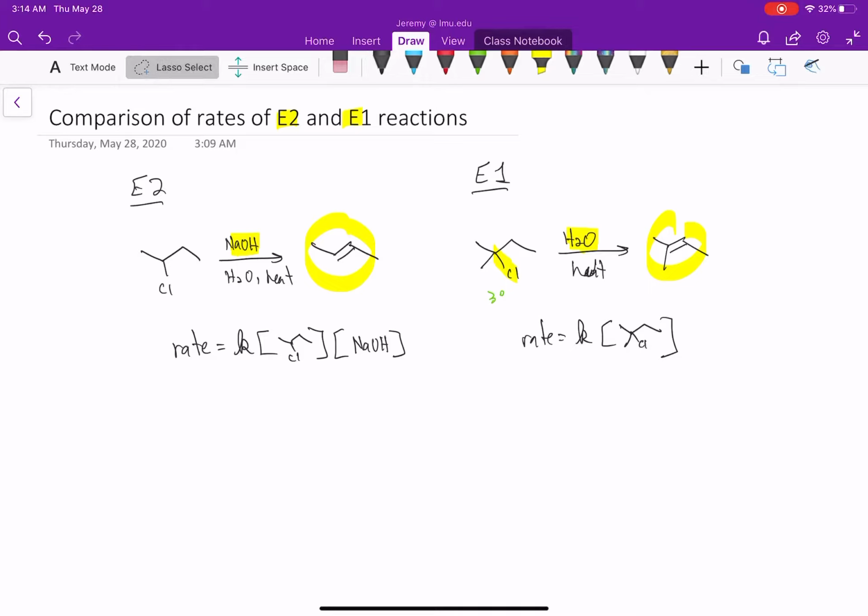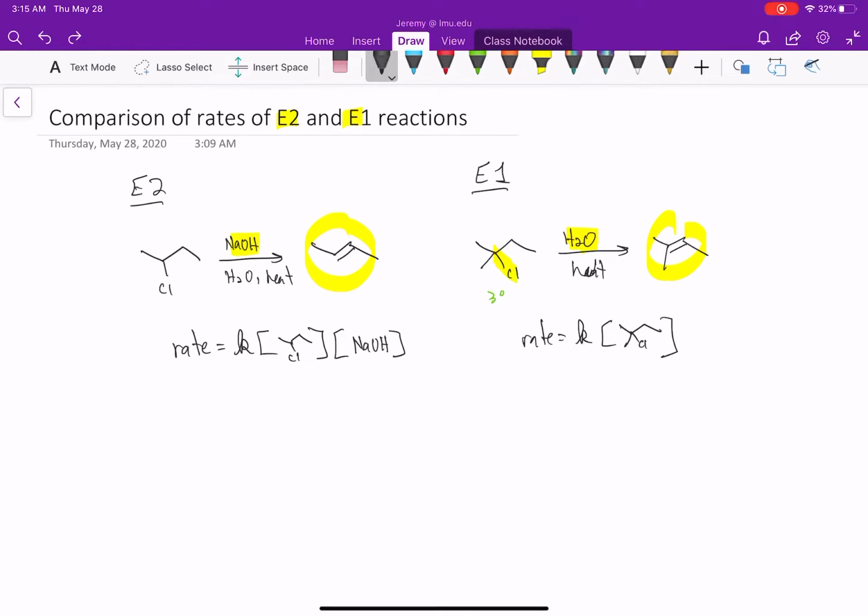Looking at the E2 reaction, what would happen to the rate of the reaction if I doubled the mass of the alkyl halide I had? Let's say I ran the reaction once and I used 1 mole of this, and then the second time everything else is the same, but I used 2 moles of this. What would the effect be?